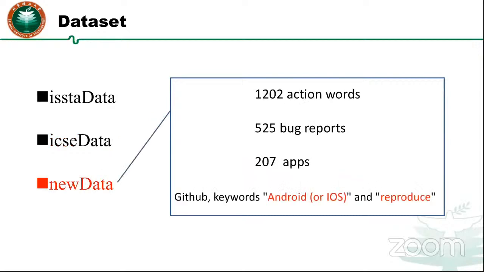The third part, noted as new data, we collect from GitHub bug reports that contain Android reproduction steps. To train the classifier, we manually labeled 1,202 action words from 525 bug reports that are associated with 207 apps.